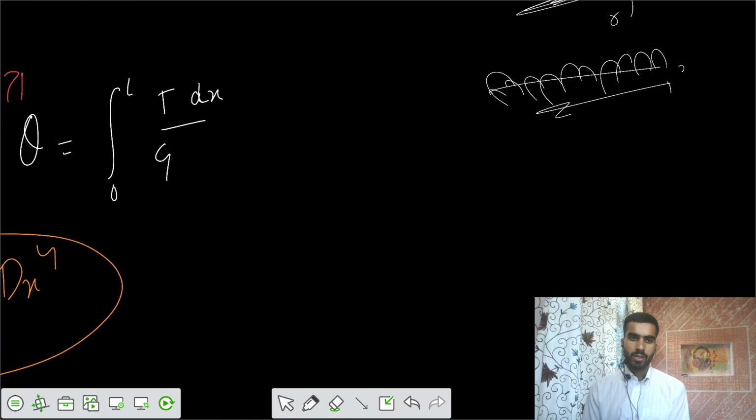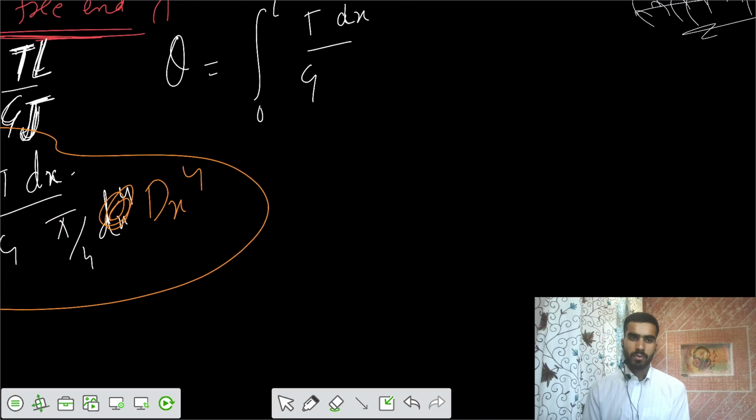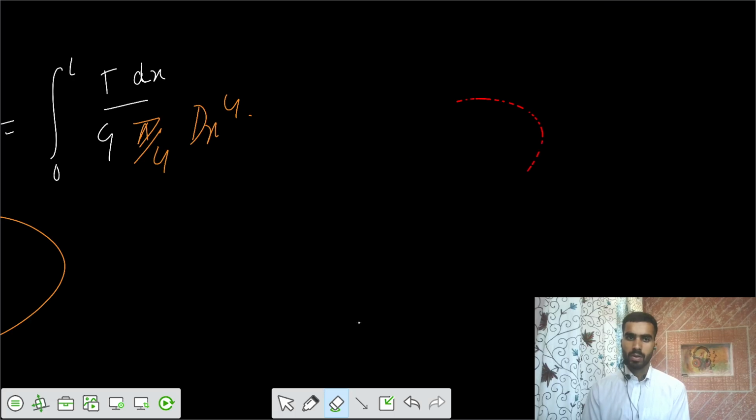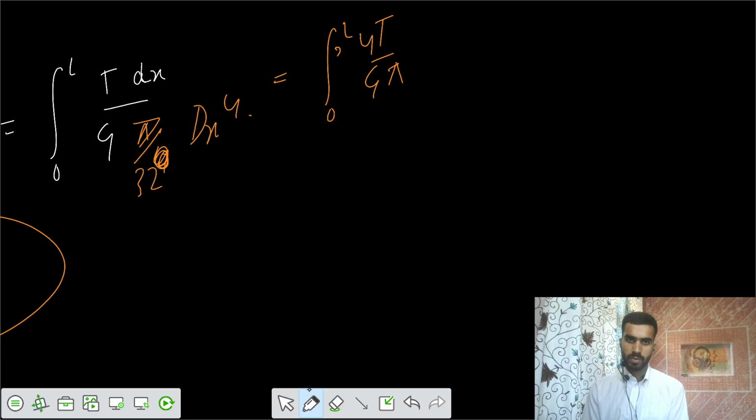Now if you want the total theta, you have to take pi by 32 D to the power 4, and you solve that by substituting the values. So the integral from 0 to L of T dx by G pi by 4... Is this 4 or is this 32?